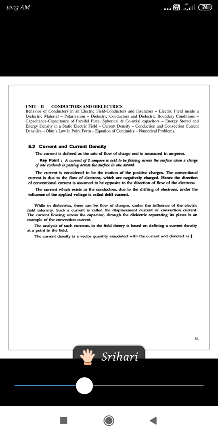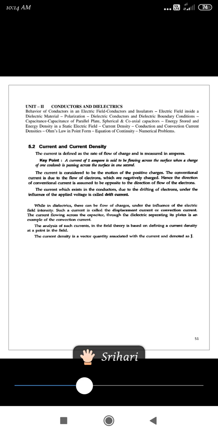While in dielectrics, there can be a flow of charges under the influence of an electric field intensity. Such a current is called displacement current or convection current. The current flowing across a capacitor through the dielectric separating its plates is an example of convection current.